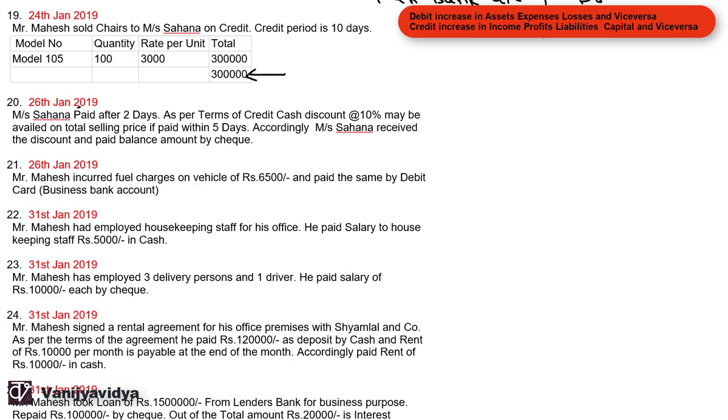Now what are the ledger accounts that are affected? One is sales account. Then the goods are sold on credit. So one more account that is affected is Messrs. Sahana account. Now sales is an income. So there is an increase in the sales.